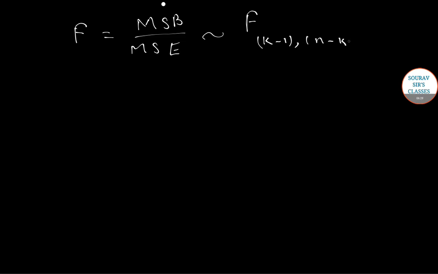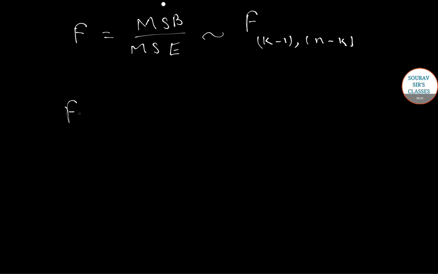F statistic for this test is given as F equals MSB divided by MSE, which follows F with k minus 1 comma n minus k, where k minus 1 and n minus k are degrees of freedom.